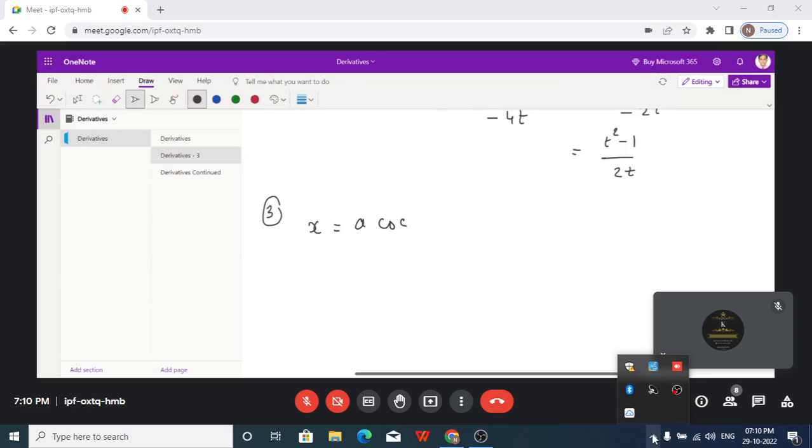X equal to a cos cube t, y equal to a sin cube t. Okay. So நீங்க போடணும் இது.